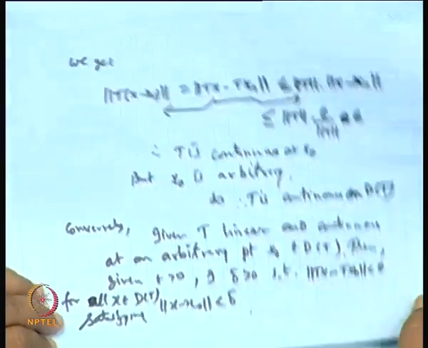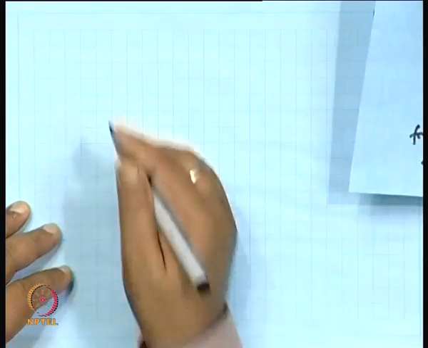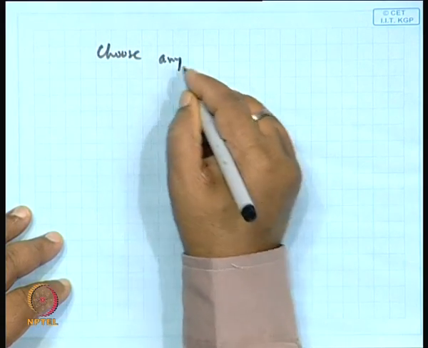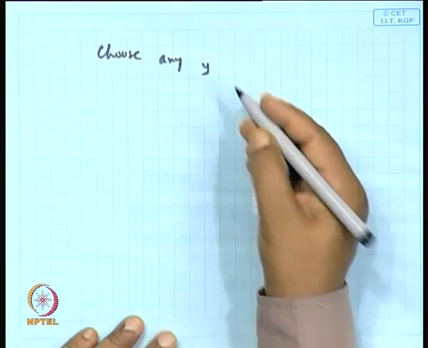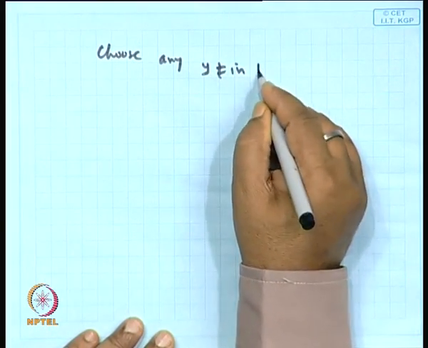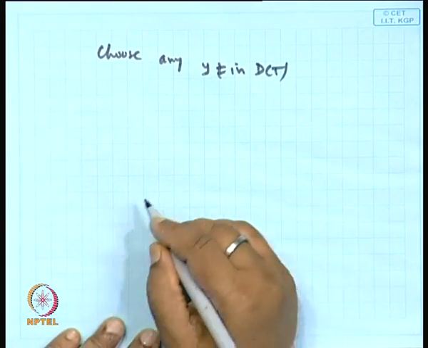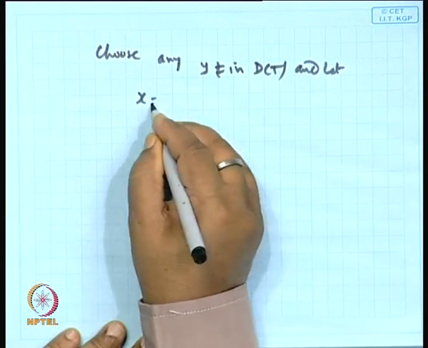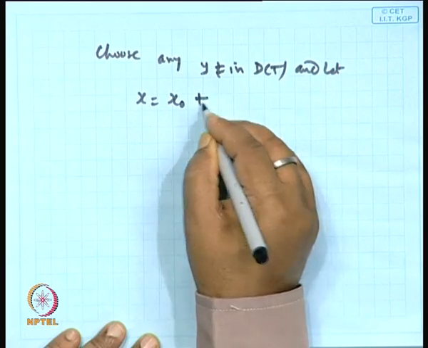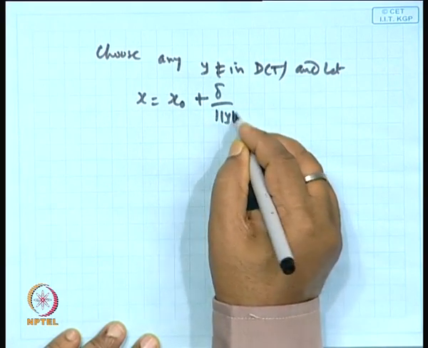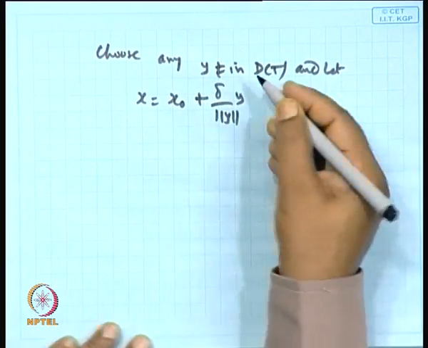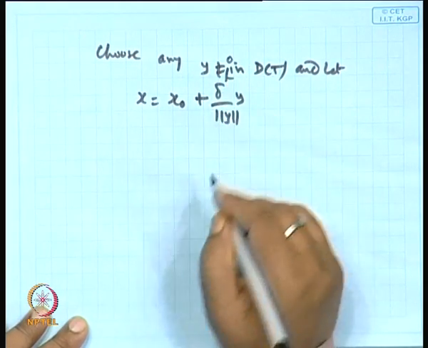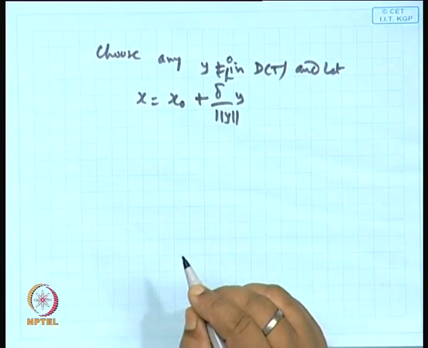So, now choose any y different from 0 in D(T). And let x be x naught plus delta over norm y into y. Since y is not equal to 0, we can choose it like this.